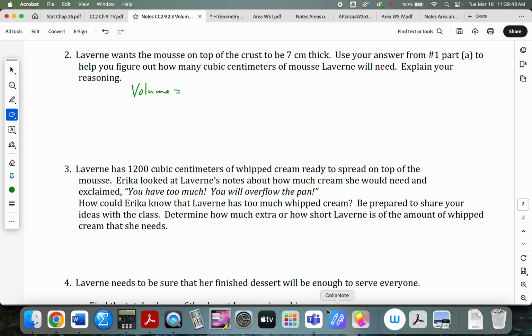And that would tell you the volume if it was just 1 centimeter thick, right? But how many centimeters thick is this? 7. So it's going to be 600 square centimeters times 7 centimeters is 4,200 cubic centimeters.